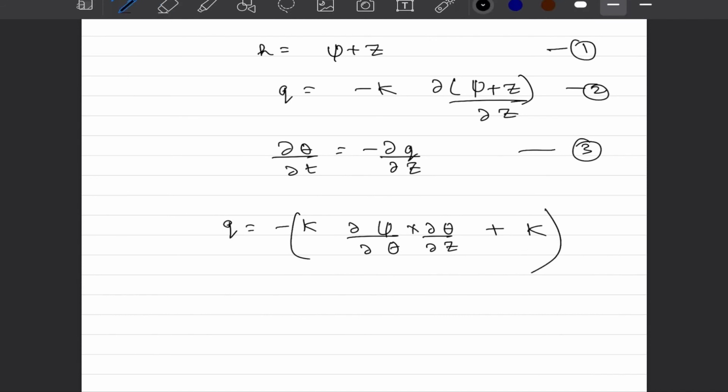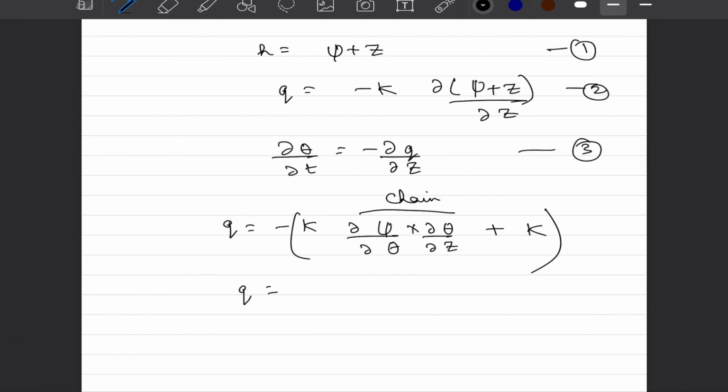So basically what we did, we applied a chain rule here. And this term, when we combined, is the rate change of phi with respect to theta, because as I said, suction also changes as the soil moisture changes or the conductivity changes.